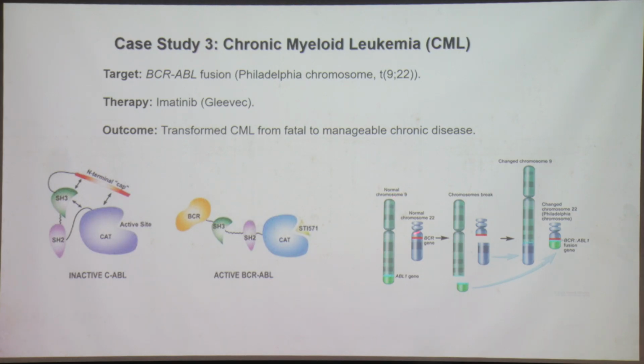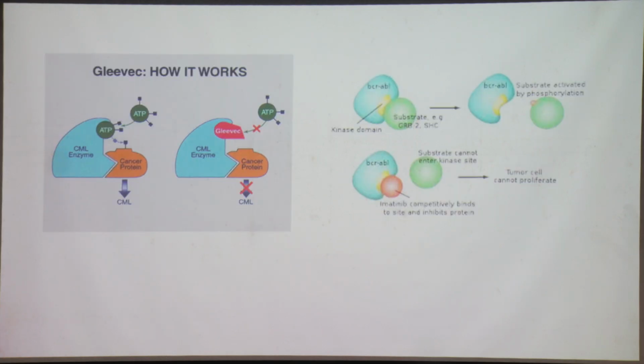But there is a chromosomal break where this part comes and fuses with this part, and it makes a huge protein, a 220 kilodalton protein. When this protein is expressed, the ABL catalytic domain here is always, always, always on, and that leads to the cancer CML.